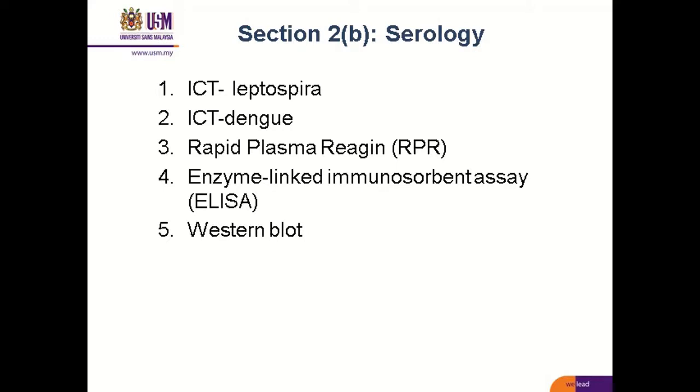For dengue also the immunochromatographic test. For syphilis we can use the rapid plasma reagin, and we can use ELISA for a broad range of viruses, and Western blot is also used for HIV and hepatitis C as a confirmatory test.